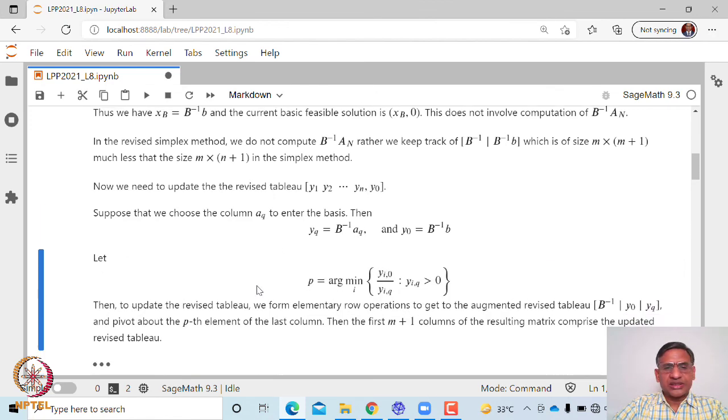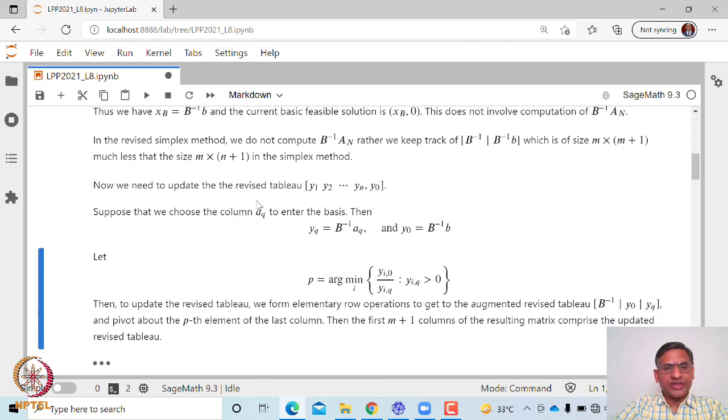Now once we have decided AQ, which is going to be the entering variable, we have to decide the outgoing variable. To decide the entering variable AQ, we look at the reduced cost coefficients and choose the most negative one, in case there are several. Then, to decide the outgoing variable, we look at the ratio of the right hand side by the entries in the incoming column, corresponding only to those entries which are positive.